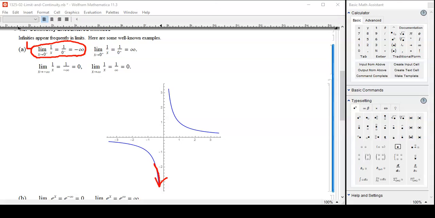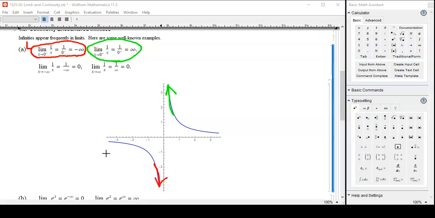Now how about the right-hand side? This one here, 0 plus, 1 over x, and you follow this graph from the right-hand side. No wonder it is going to positive infinity. Now how about infinity in the denominator? Look at these graphs here.